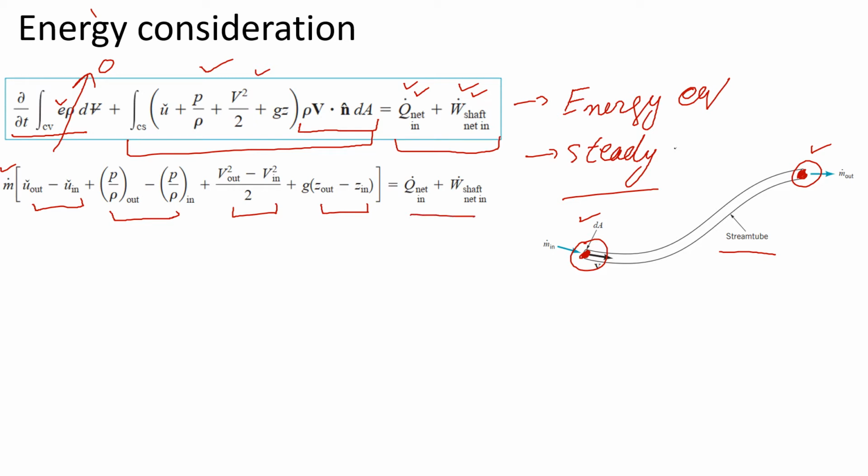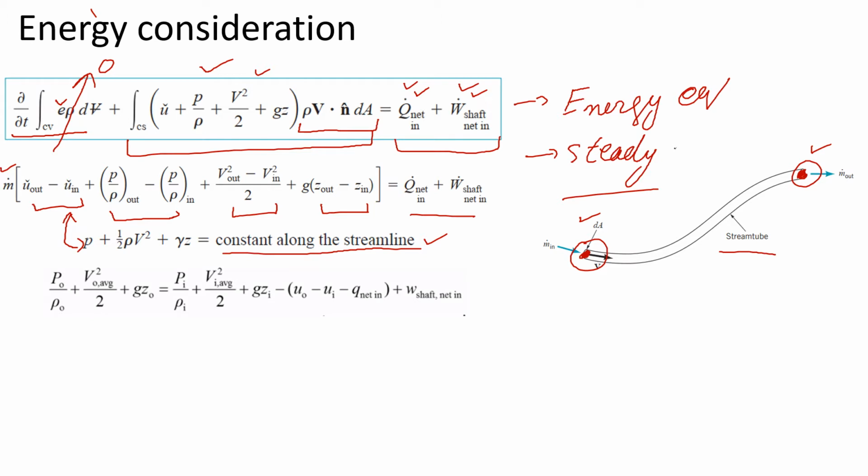Now let's move a step further and divide the right and left hand side by the mass flow rate and write this equation in the form of this equation. You already know what this is. This is the Bernoulli equation that was derived along the streamline. So we can arrange this equation above in this form, and this is how we are going to do that.